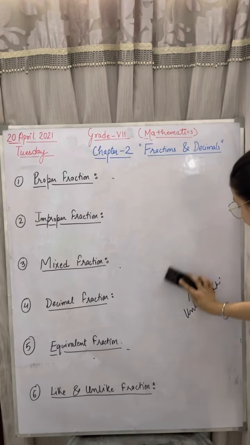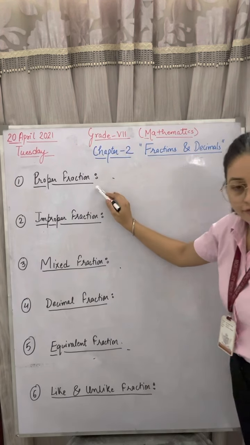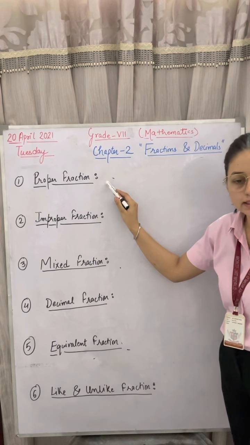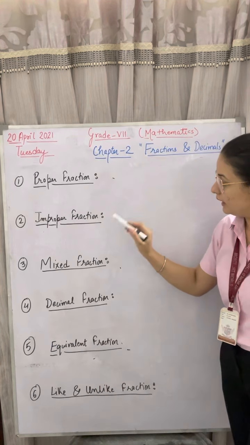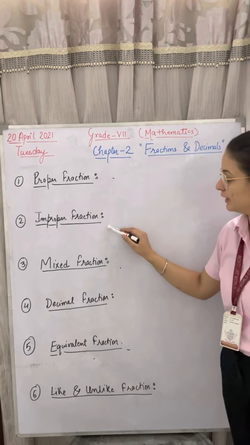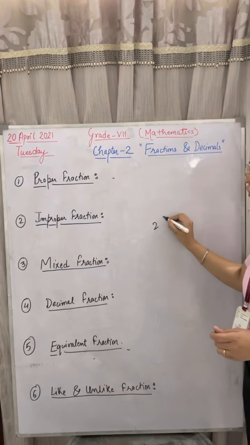Now I am going to ask you one by one what these basic terms are. I am going to revise once. In a proper fraction, your denominator will always be bigger. In an improper fraction, your denominator will always be smaller than the numerator. A mixed fraction is when you write your fraction in this form, 2 3 by 4.